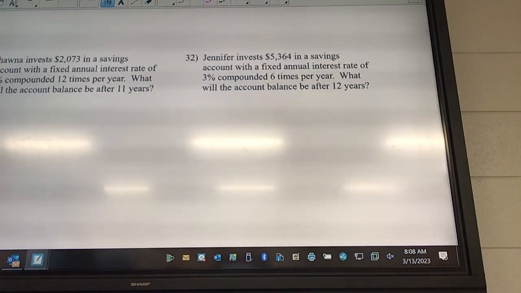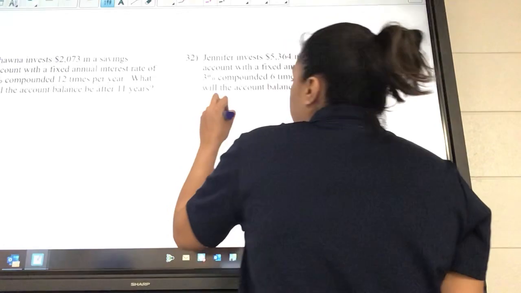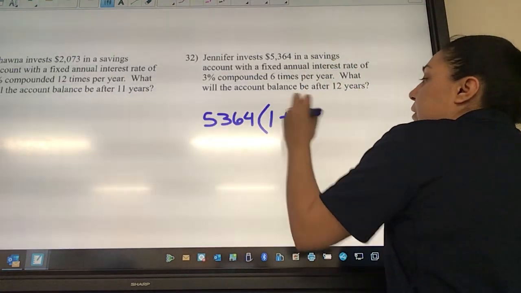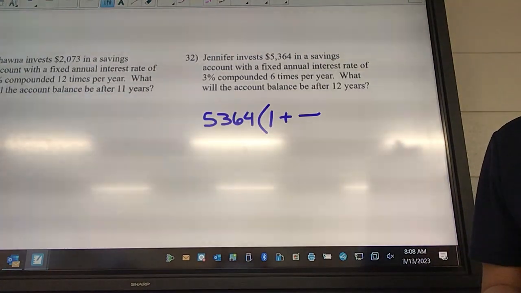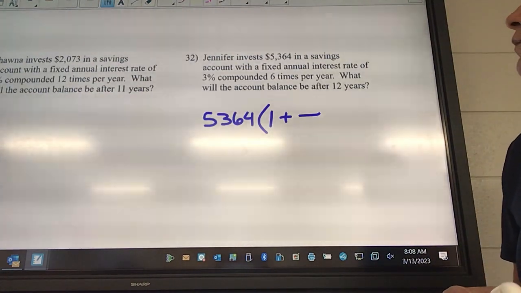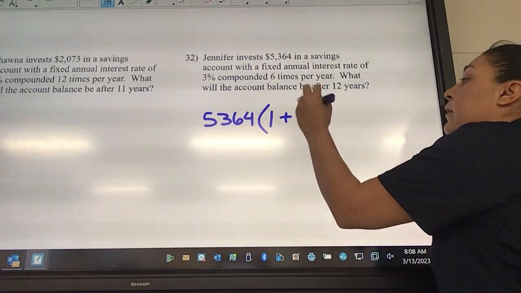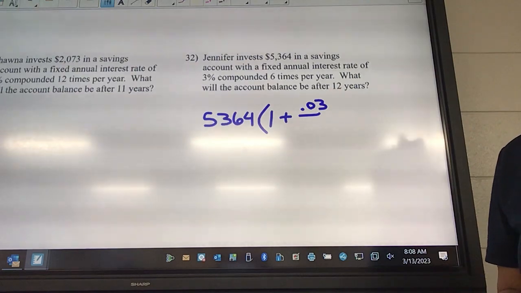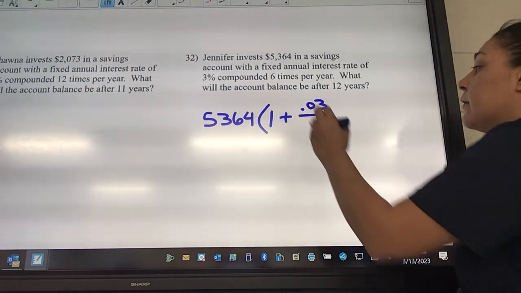Okay, 32, obviously it says compound. We're starting off with that 5,364. 1 plus, what's going on the top? 0.03. On the bottom, 6.